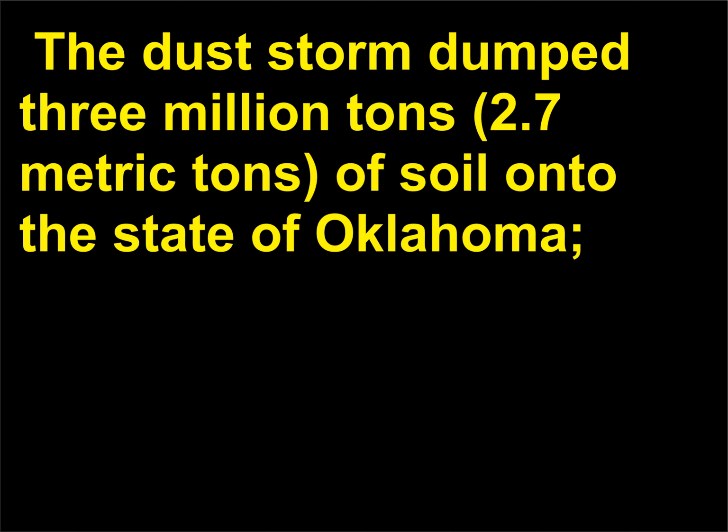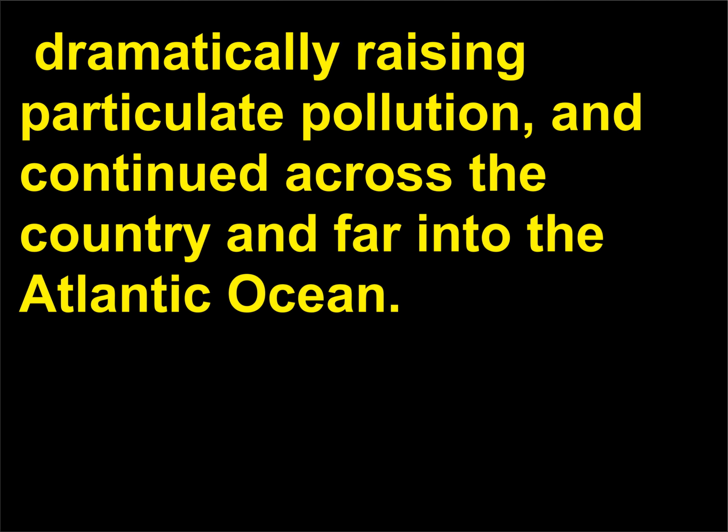The dust storm dumped 3 million tons, 2.7 metric tons, of soil onto the state of Oklahoma. The cloud continued through Mississippi and Alabama, dramatically raising particulate pollution, and continued across the country and far into the Atlantic Ocean.